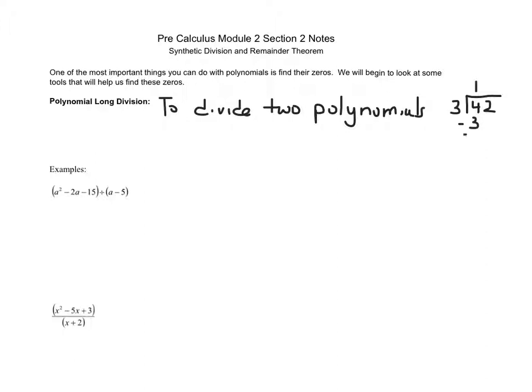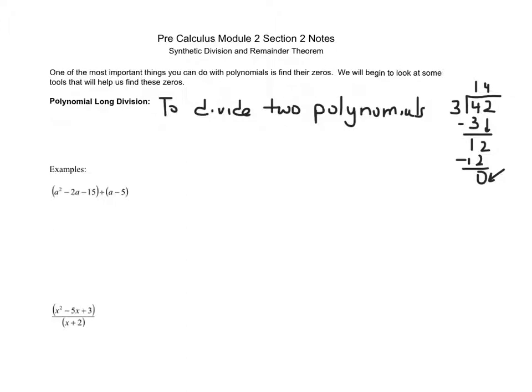We subtract. We have a 1, bring down the 2. That goes in 4 times, 12, remainder of 0. So we're going to do a very similar thing with polynomial long division. And this remainder is actually very important. It's probably the most important thing that we'll talk about when we do our division.